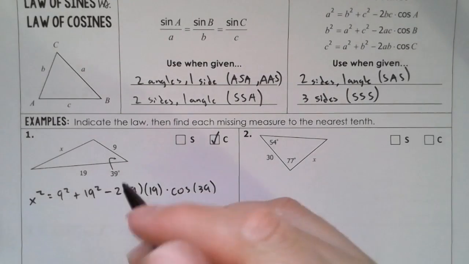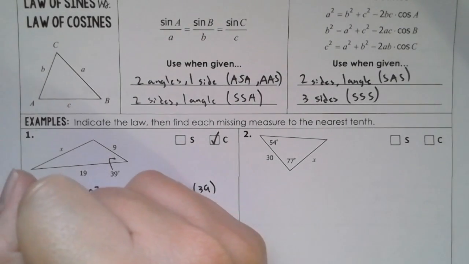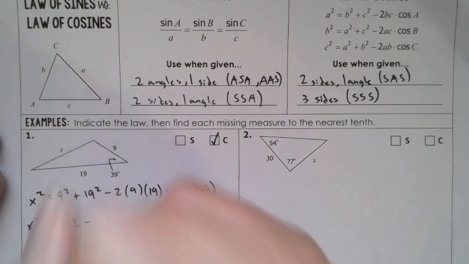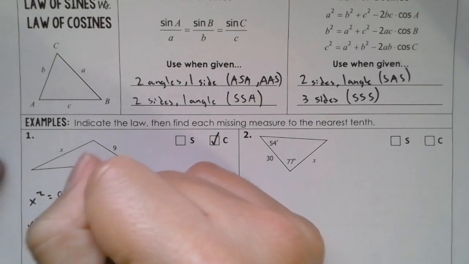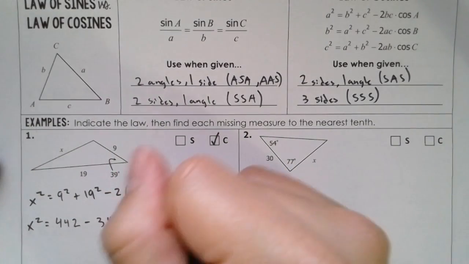So you get x squared is equal to 9 squared plus 19 squared. Put that in your calculator. You're going to get 442 minus, then 2 times 9 times 19, you're going to get 342 times the cosine of 39.